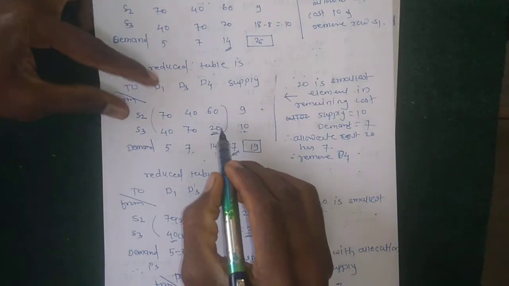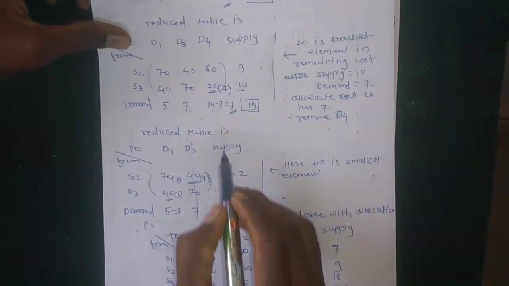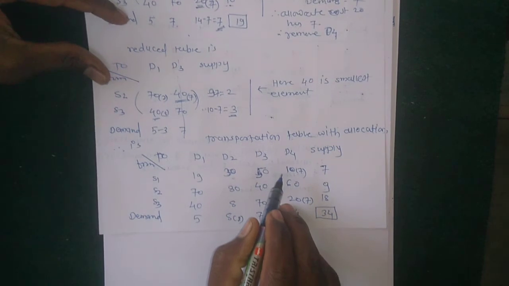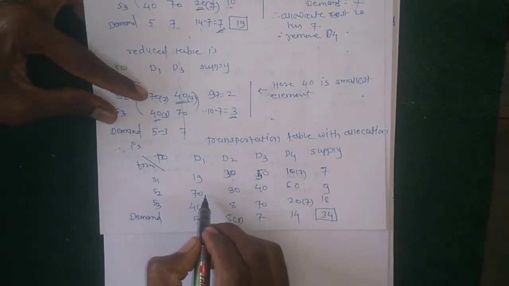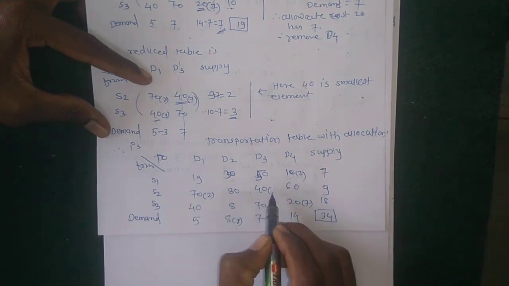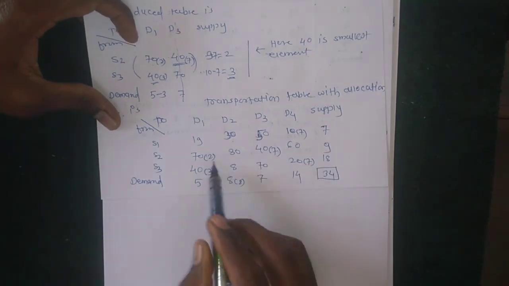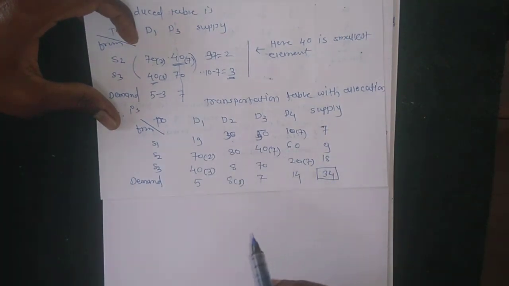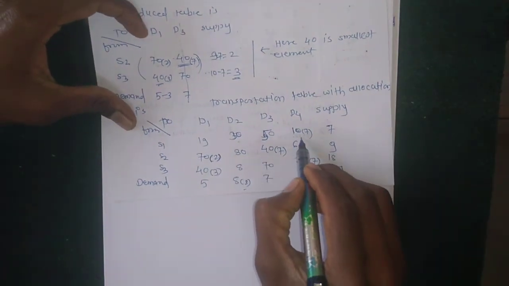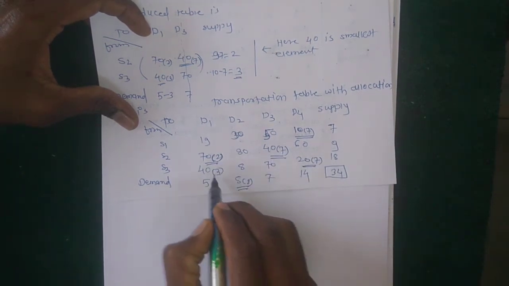Then in the third column, 20 has allocation 7. Then the next column, 70 at D1S2 has 2. Then this 40 has 7, and this 40 has 3. Counting: 1, 2, 3, 4, 5 and 6.